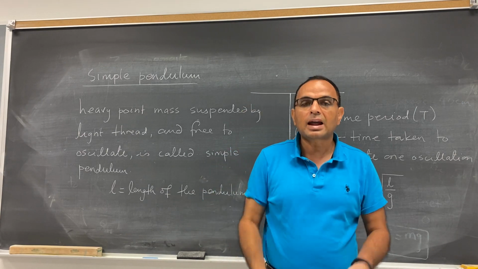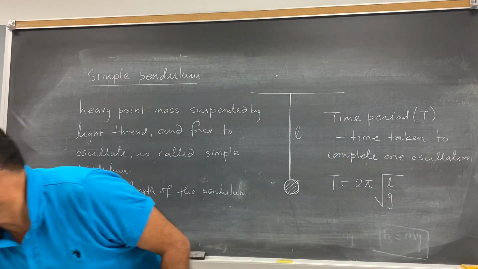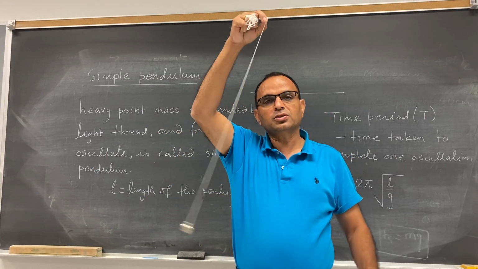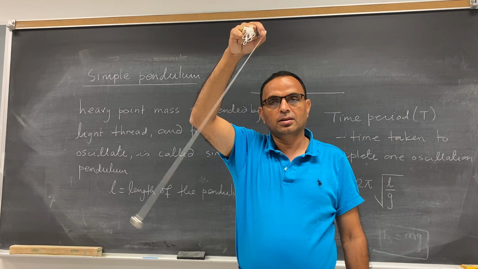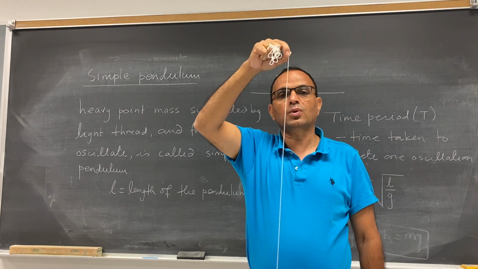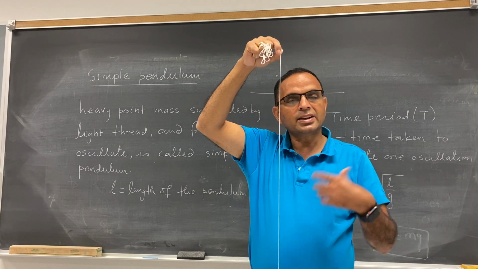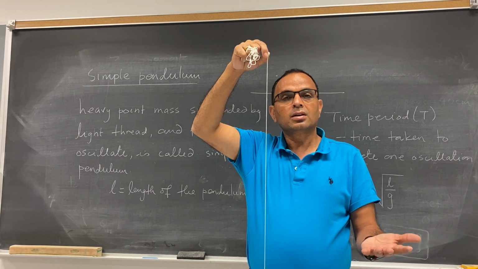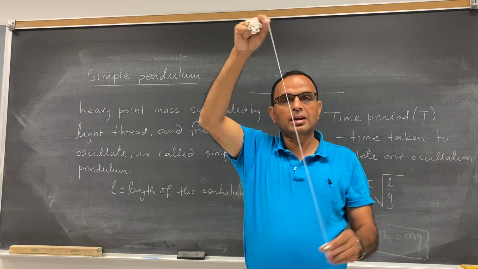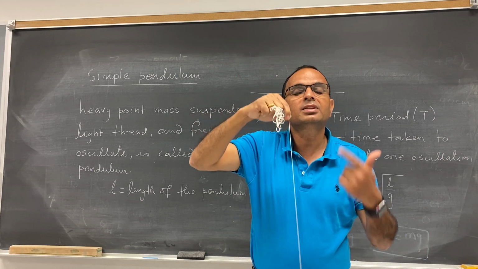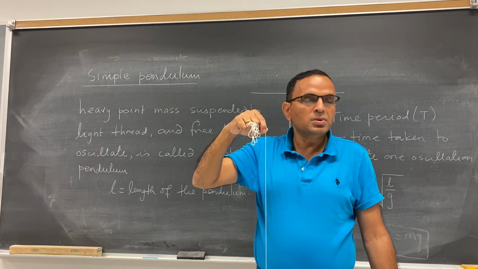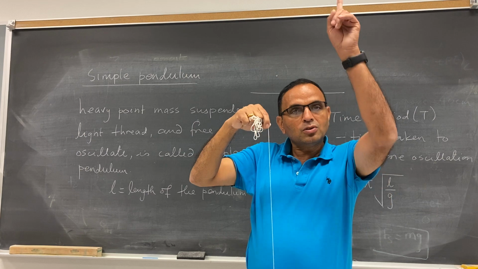For example, for this pendulum, let us suppose the time period is 1.5 seconds. Don't change the mass. If you take it to the moon surface, what happens? Do you still get the same time period? Everything remains the same, same length, same mass, but you change the location from here, this room, DVC, Pleasant Hill, to the moon surface.